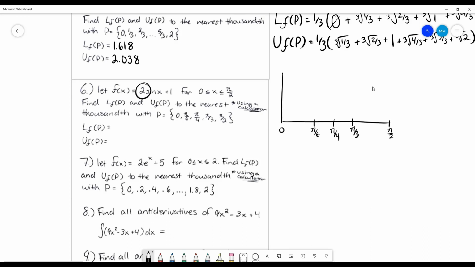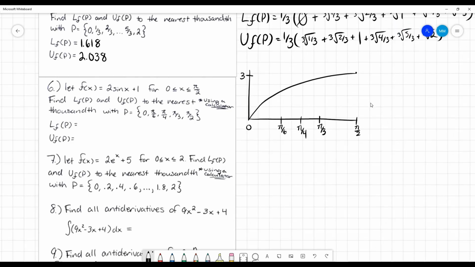And I see that it's a 2 sine, so I know sine of pi over 2 is typically 1, so it's going to be 2, and then plus a 1, so it's going to be all the way up to 3. I know it's going to look something like that.